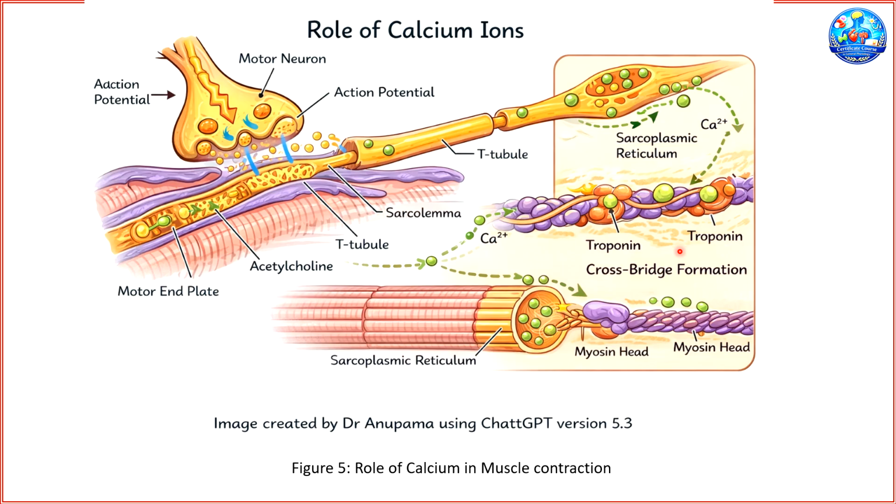So this exposes the active sites of actin. Then the actin filaments will be binding with the myosin heads. So that is how it takes place. And calcium plays a very important role in exposing the myosin binding sites on the actin filament.